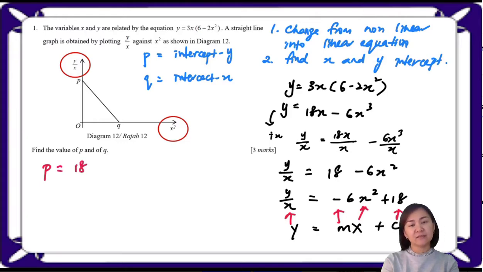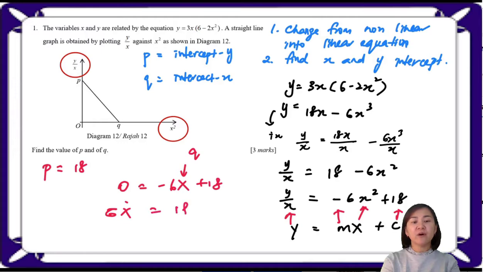To find the value of q, which is the intercept of x, we have to substitute the value at point q. At point q, the value of y is equal to 0. So we substitute y over x equal to 0, and the x squared is our q.